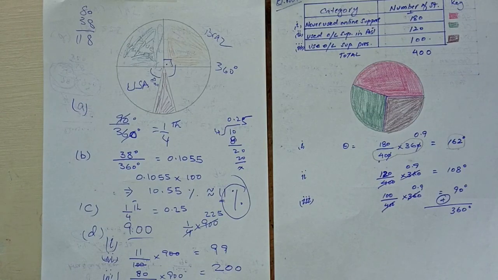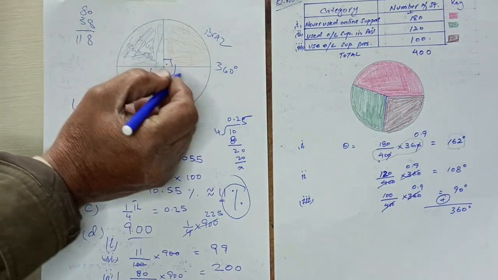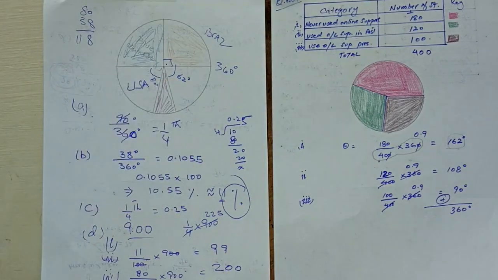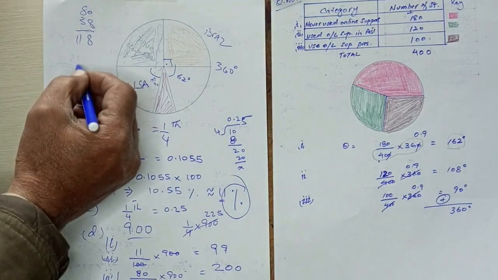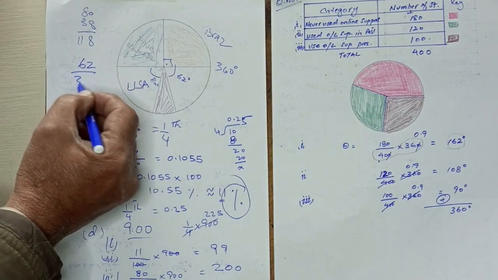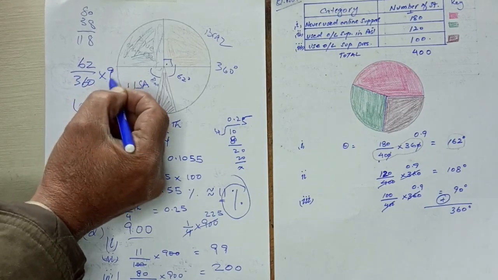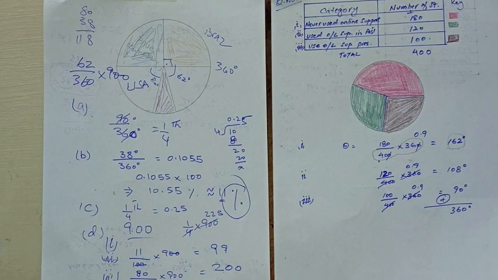So the leftover is the French students. 180 minus 118 is 62 degrees. Now this one is 62 degrees left over here. Now 62 means 62 divided by 360 degrees and multiplied by 900.